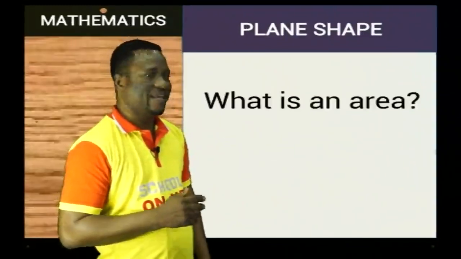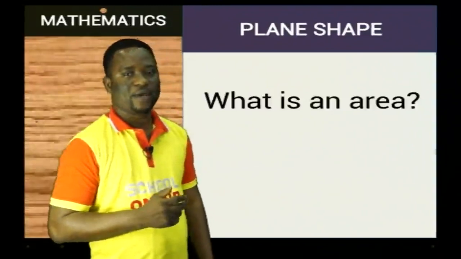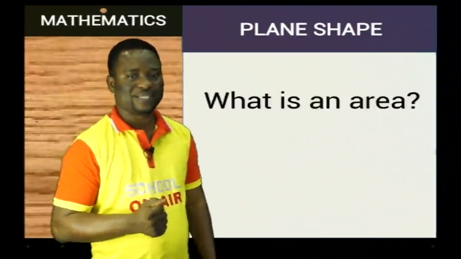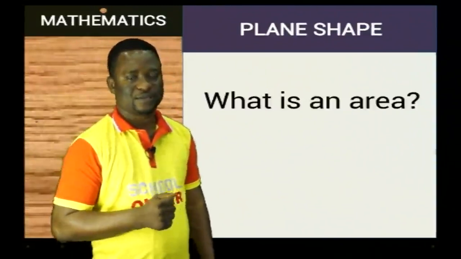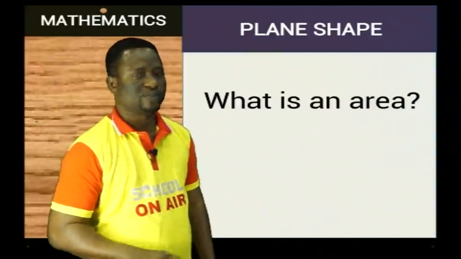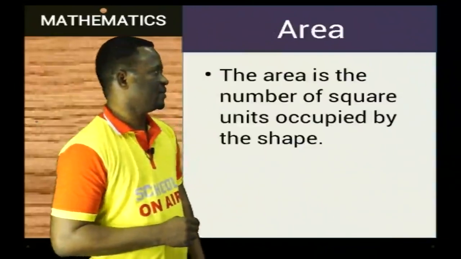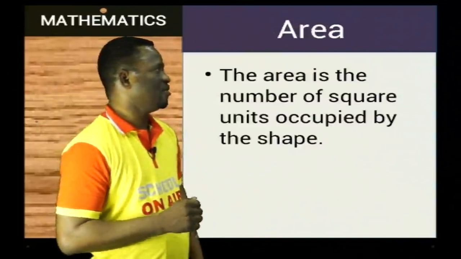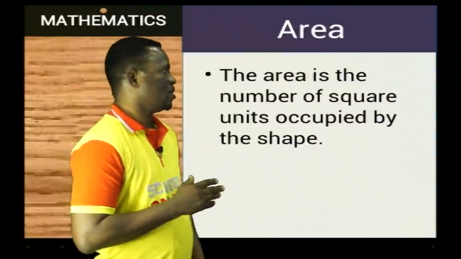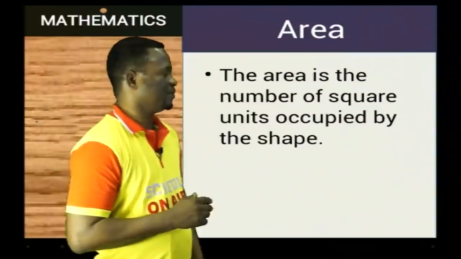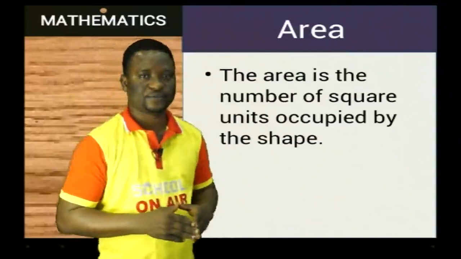Then, what is an area? Area is a very common word in mathematics, but it has its own definition. Area can be defined as the number of square units occupied by the shape. What's the meaning of this?